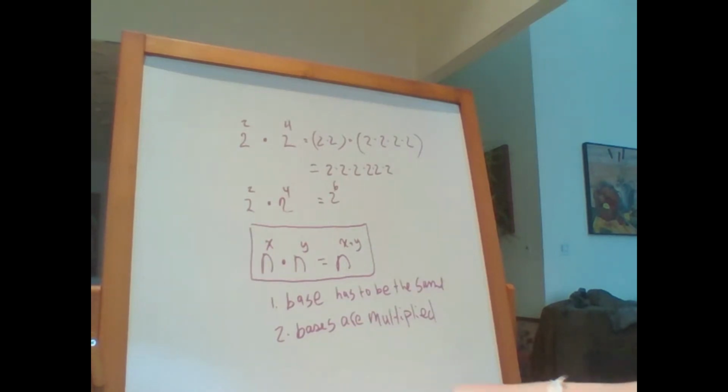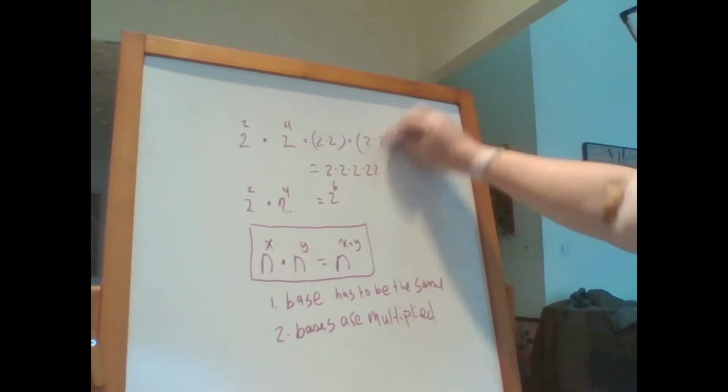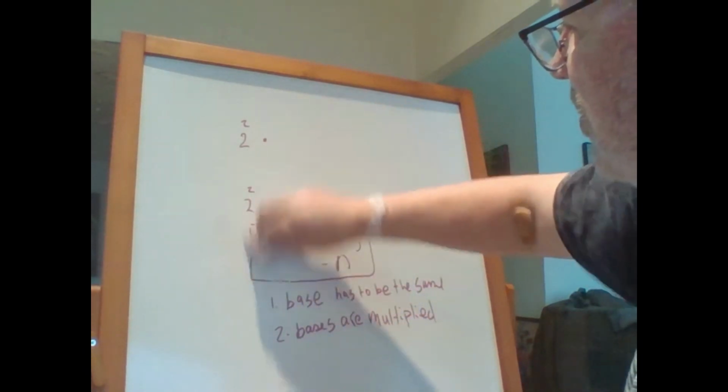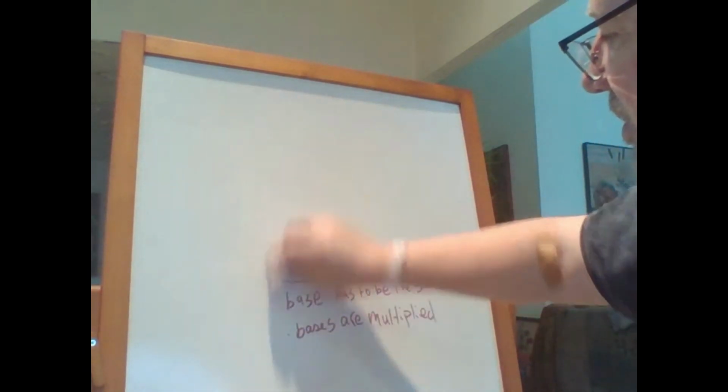Now, I want to give some examples of what we talk about. In our number system, we use what we call base 10.